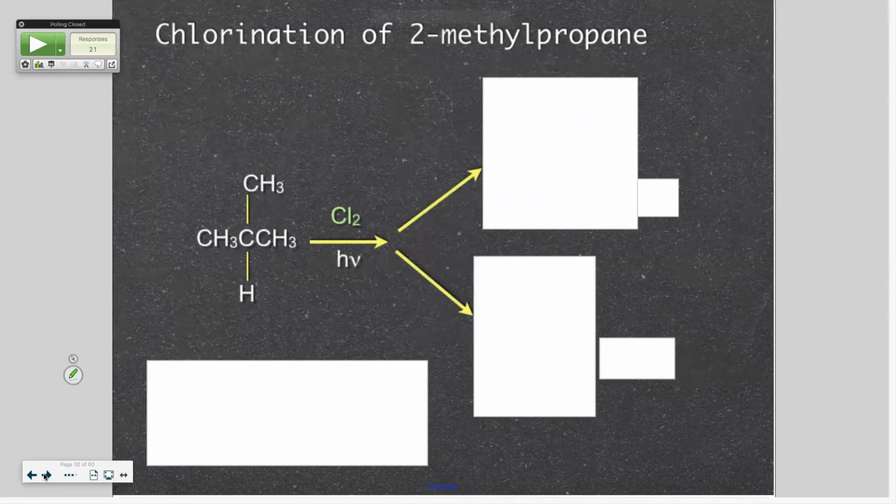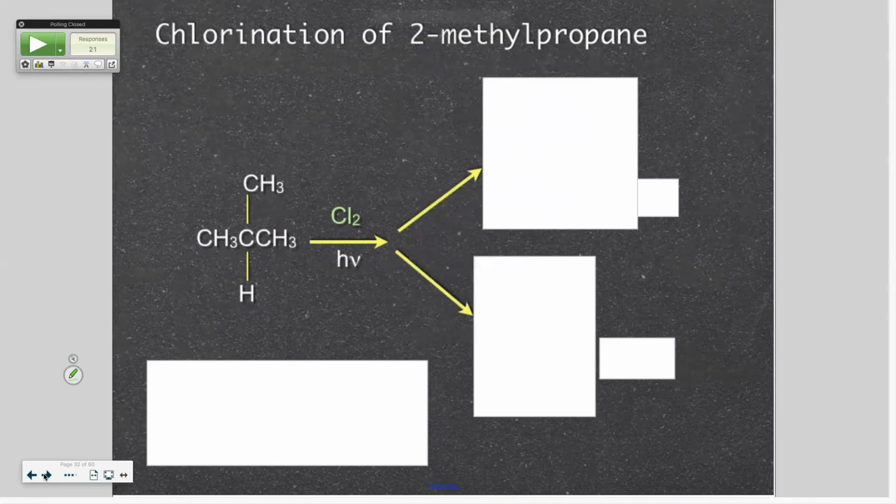What about the methyls? Are the methyls the same or are they different? If I replace a hydrogen on this methyl with a chlorine, that would be 1-chloro-2-methylpropane. If I replace a hydrogen with a chlorine on this methyl, it's 1-chloro-2-methylpropane.